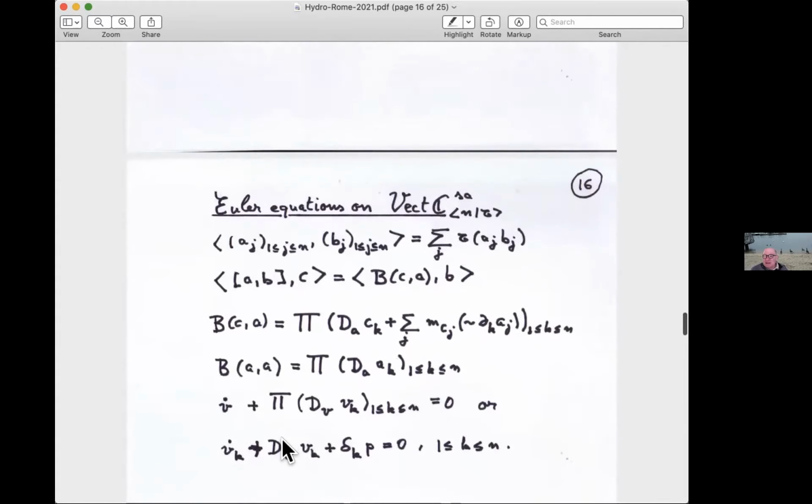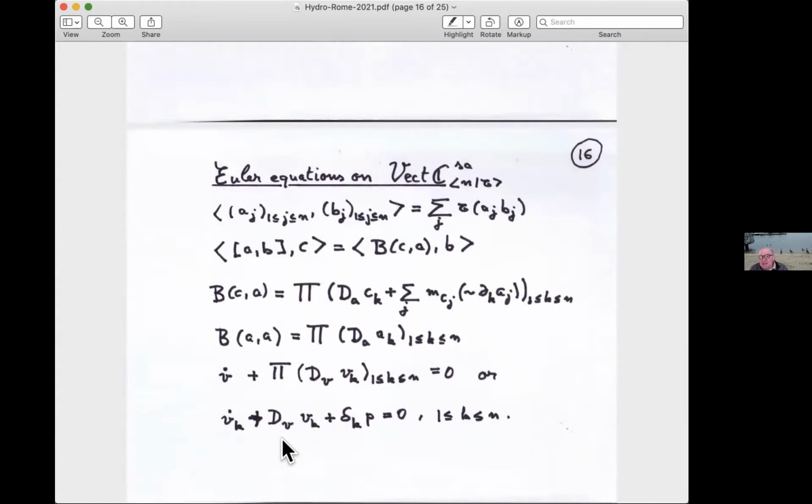So what are now the Euler equations? For this, I need to go to the Arnold recipe. The scalar product will be component-wise: the trace of Aj, Bj. That's like you had in the classical case, where it was the integral of Aj, Bj, the components of the vector fields, with respect to the Gaussian measures.